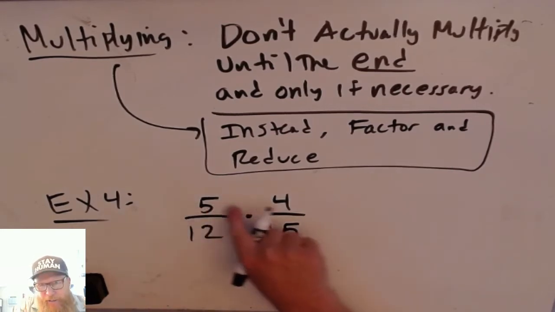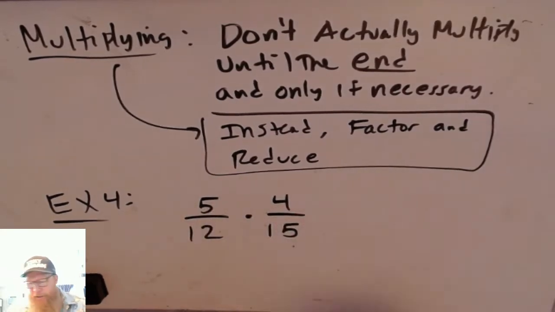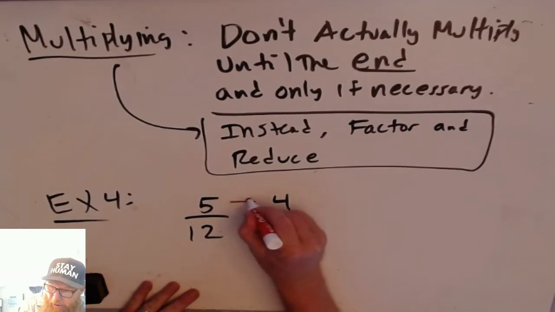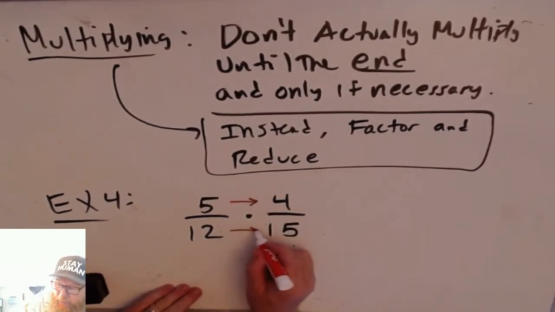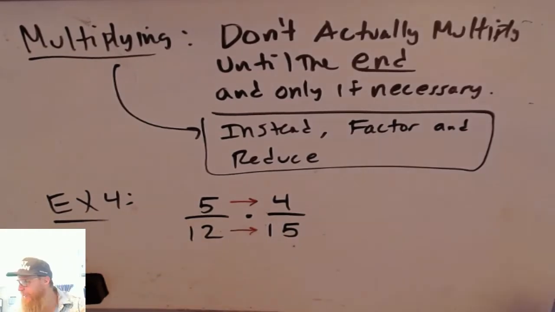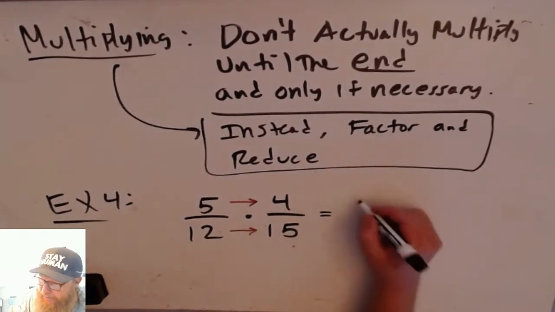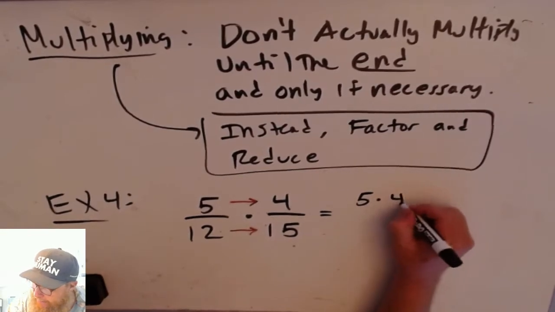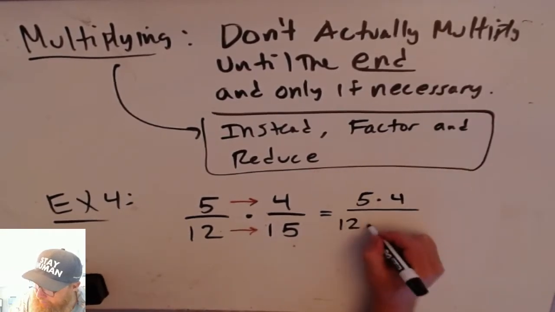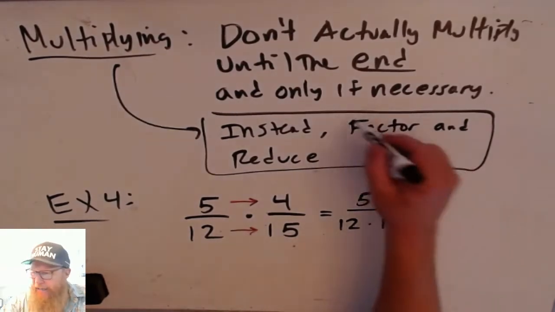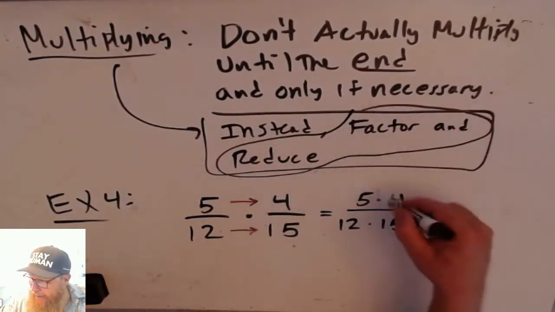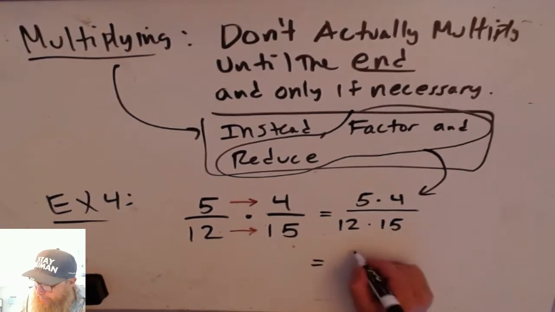Because if you actually multiply, you're going to get 5 times 4. This is 20. Don't actually do it. And then you're going to get 12 times 15. Don't actually do it. Just write it. 5 times 4. 12 times 15. And instead of multiplying these, factor them.